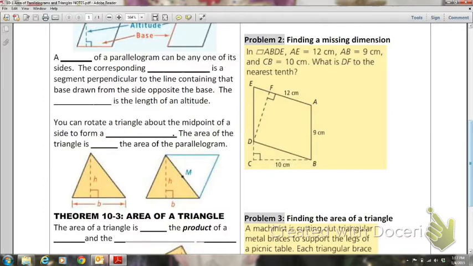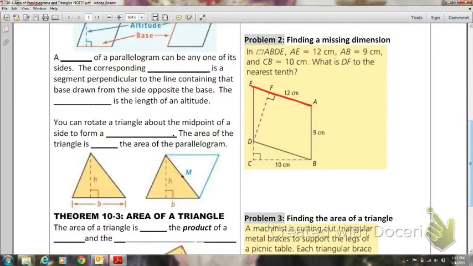In problem 2, you're finding a missing dimension. In parallelogram ABDE, the length of segment AE is 12, and the length of segment AB is 9.